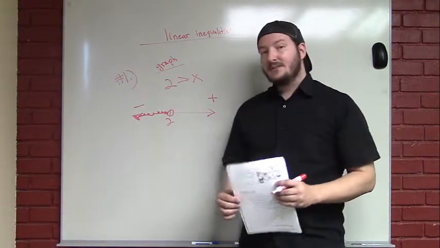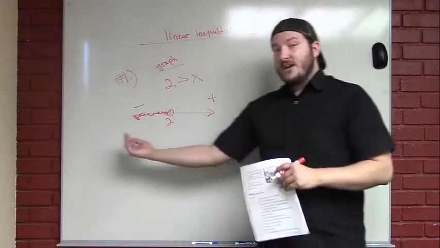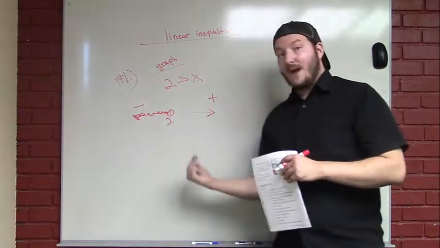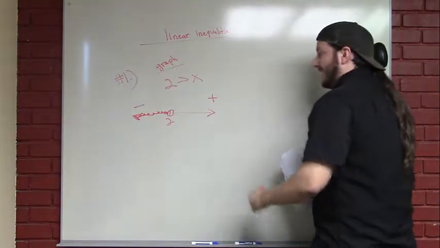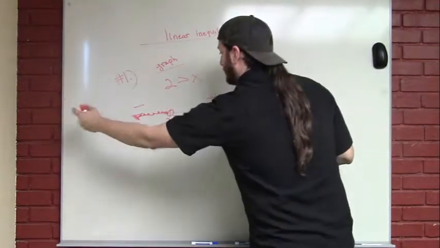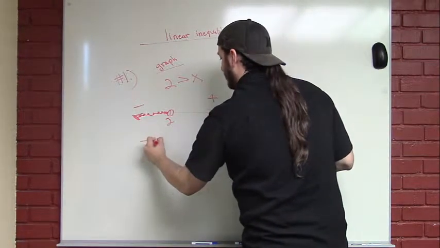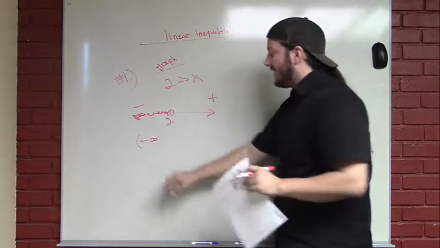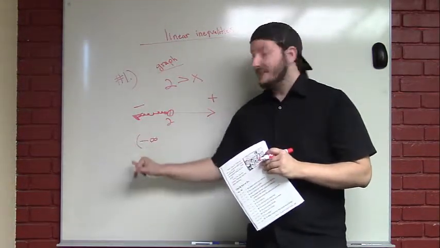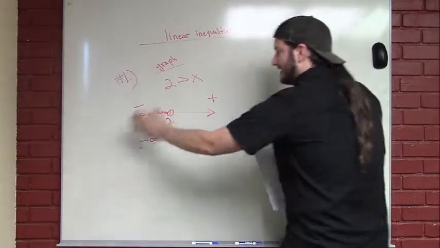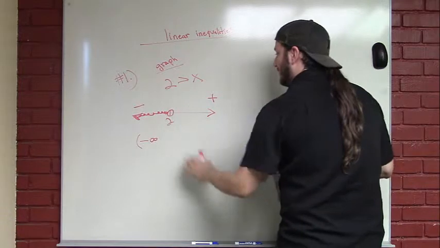Now, we also like to put this in what's called interval notation. So interval notation always goes left to right, okay? You see this shaded area? It goes on forever. So what's over here? Over here is negative infinity. Whenever you have an infinity or negative infinity, you always use a parenthesis, okay? So it's parenthesis, negative infinity, then what we're coming to, boom, we come into 2.